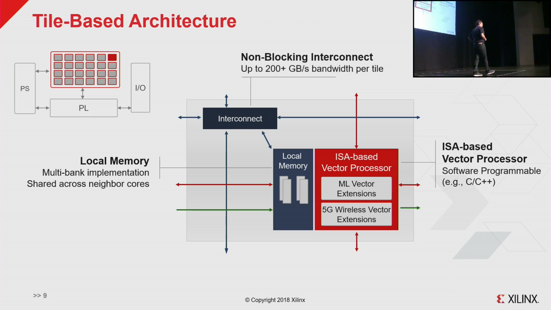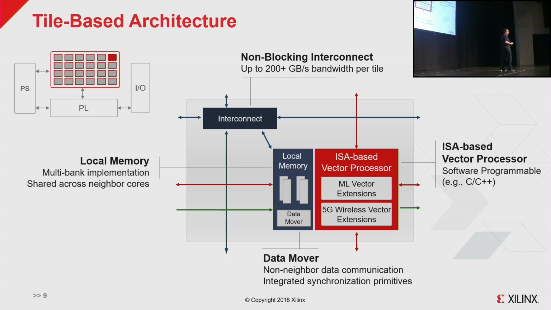Moving on, there is the interconnect. This is an interconnect which is non-blocking. It provides point-to-point connectivity between different tiles. In each of these arrows, it's shown as just one interface, but there are multiple interfaces in each of these links, and it can provide an aggregated bandwidth of more than 200 gigabytes per second per tile.